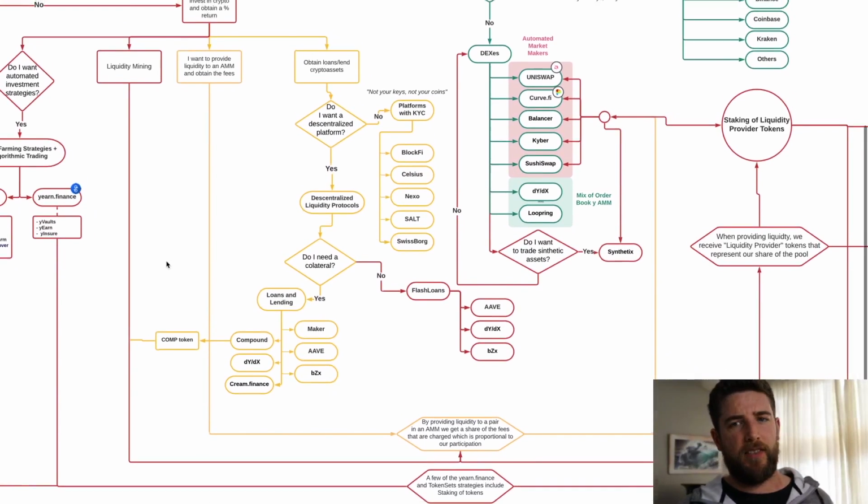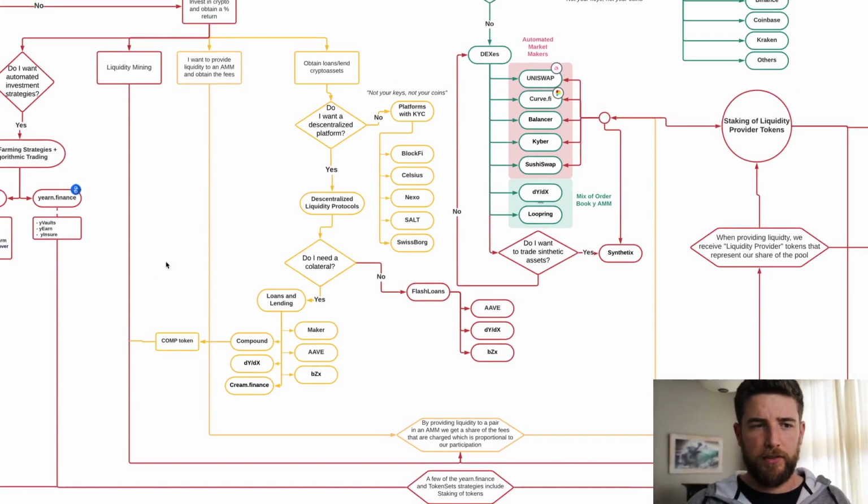The incentive is that you can use a protocol, or you can provide liquidity to an automated market maker and get a governance token that you can use for voting, for influencing the protocol, or for selling it in the market. So that is what is called liquidity mining.